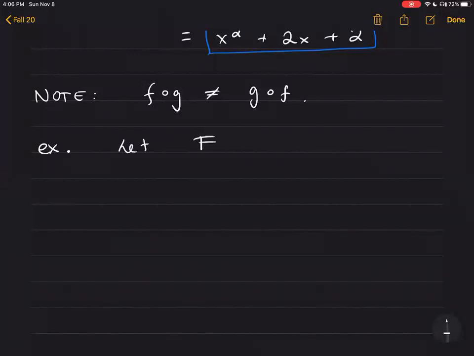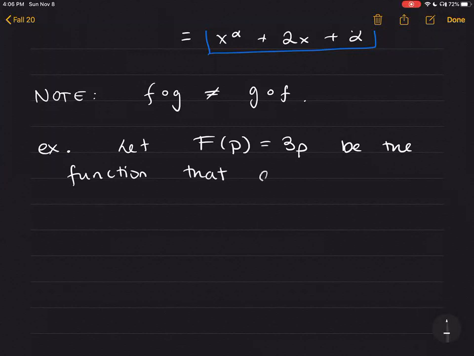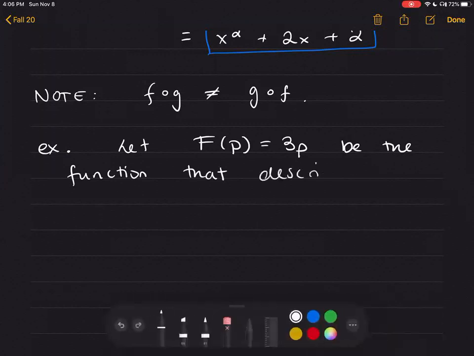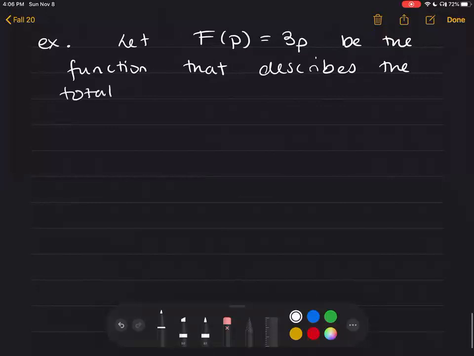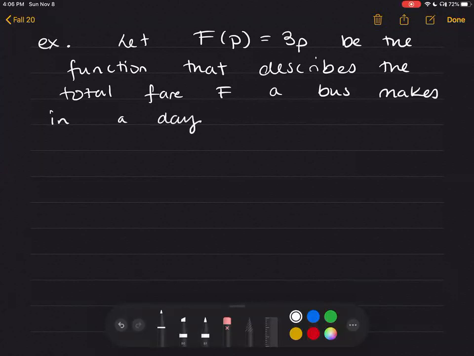We're going to let f of p equal 3p. We're going to let this be the function that describes the total fare a bus makes in a day, where p is the number of passengers it has.